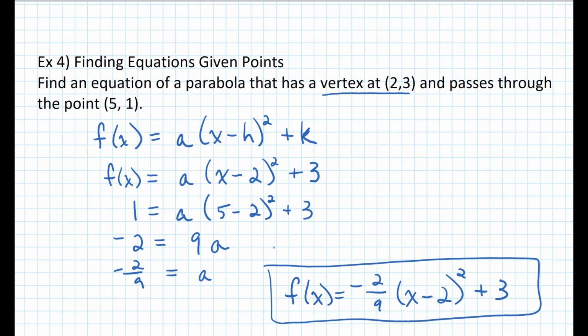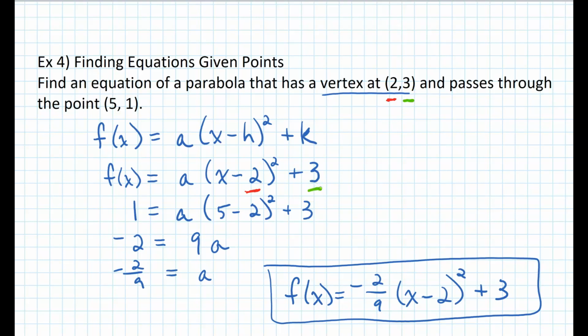All right, any questions? Yes? So, how did x minus h turn into 5 minus 2? Okay, so remember the vertex is (2, 3). So the 2 is here, and the 3 is here.